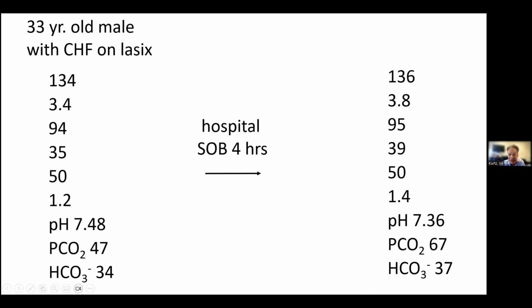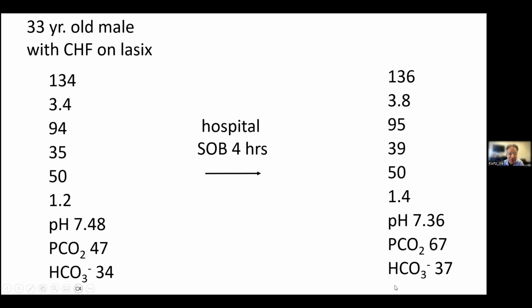For every 10 increase in the PCO2, how much does the bicarbonate go up in acute respiratory acidosis? Anyone remember? Yeah, these rules you really need to start memorizing. It should be second nature, because if you don't, you're always going to be wondering. You just have to spend an hour, memorize the rules, or keep them on your phone.